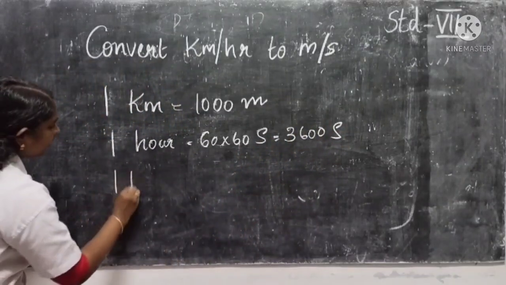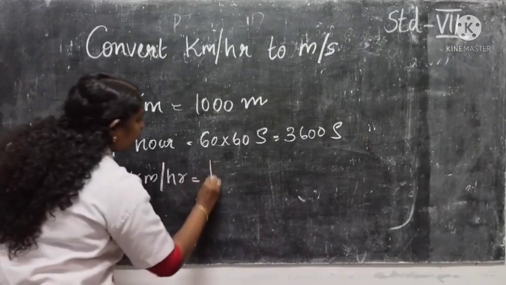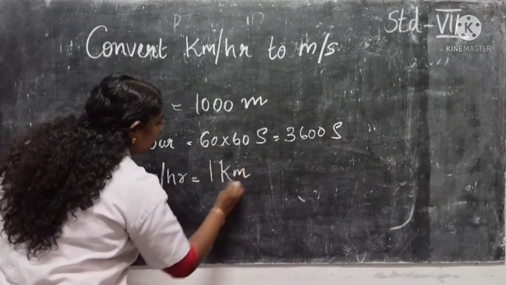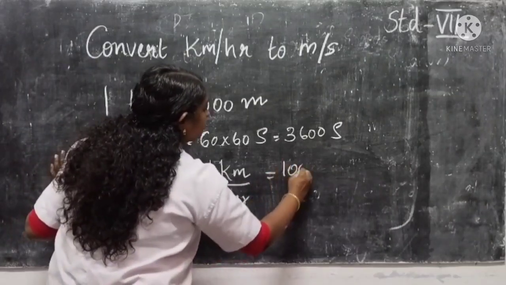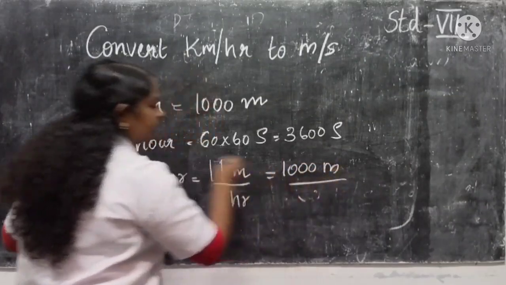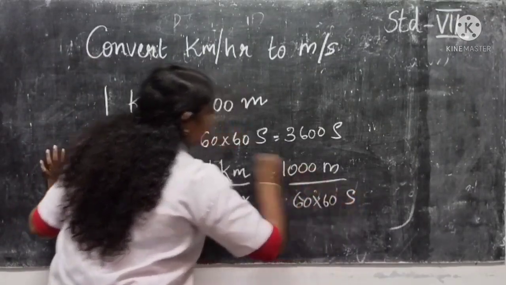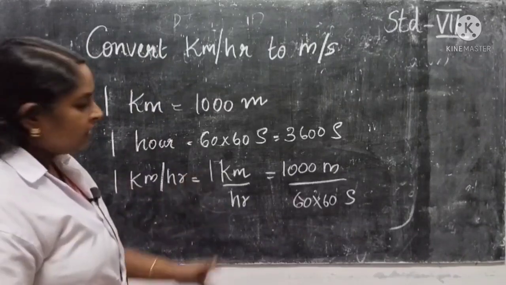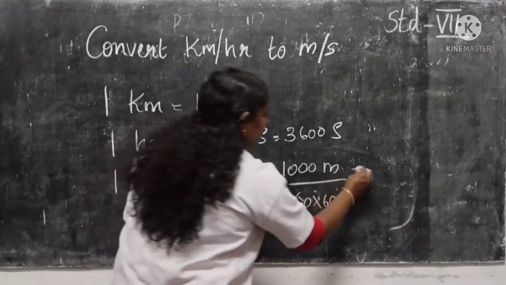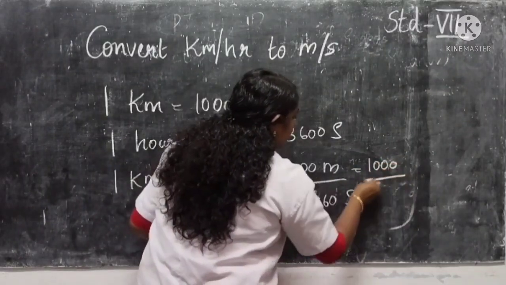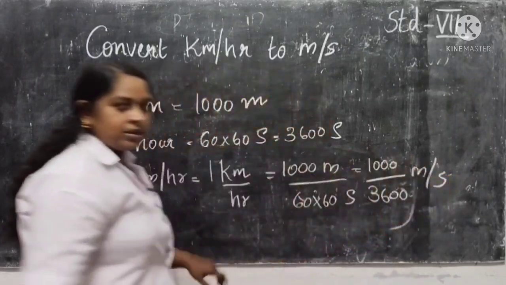So 1 kilometer per hour, which means 1 kilometer divided by hour, is equal to 1000 meter divided by 60 into 60 seconds, or 1000 divided by 3600 meter per second.